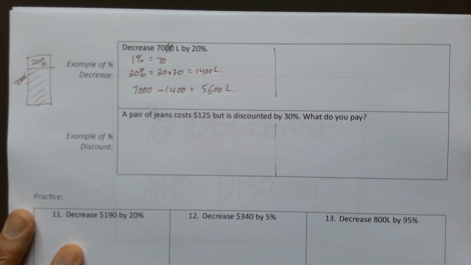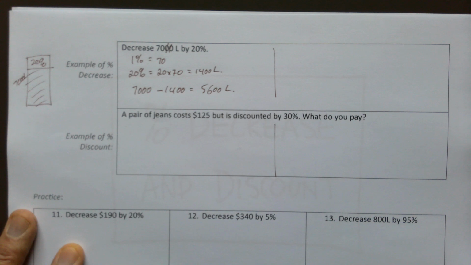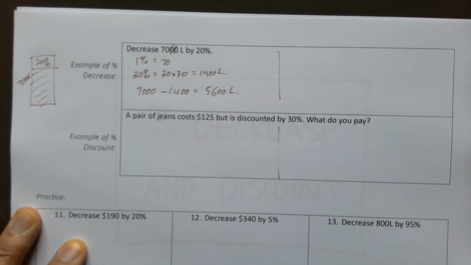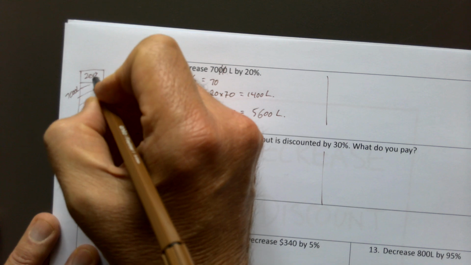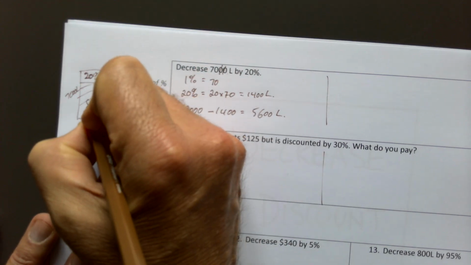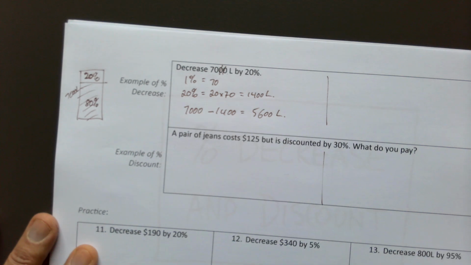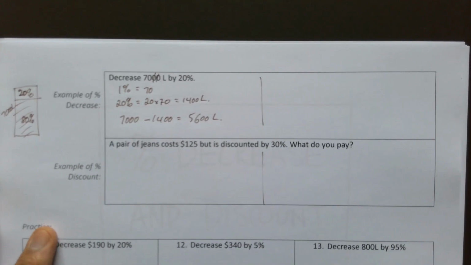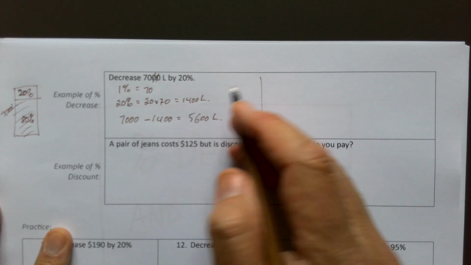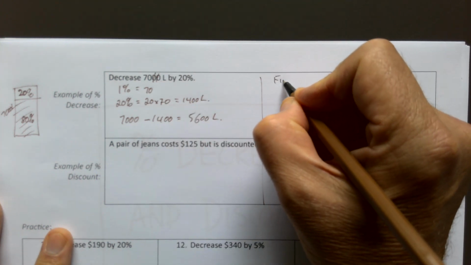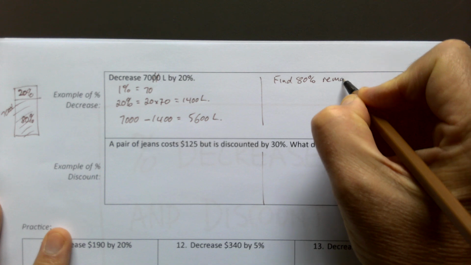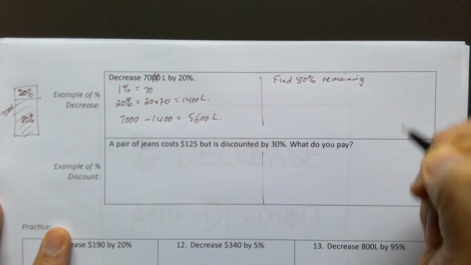But we have this other method as well. If I'm dropping something by 20%, that means I've got 80% left, right? So this little bit here, that's the 20% it's dropped by. This bit that's left has to be 80%, doesn't it? Because there's 100% in total. So I can just go and find 80% remaining.